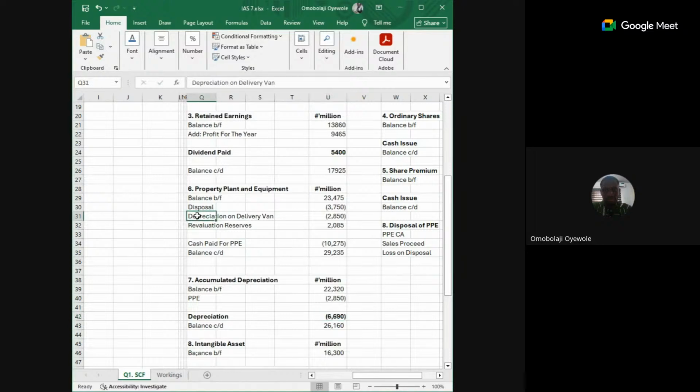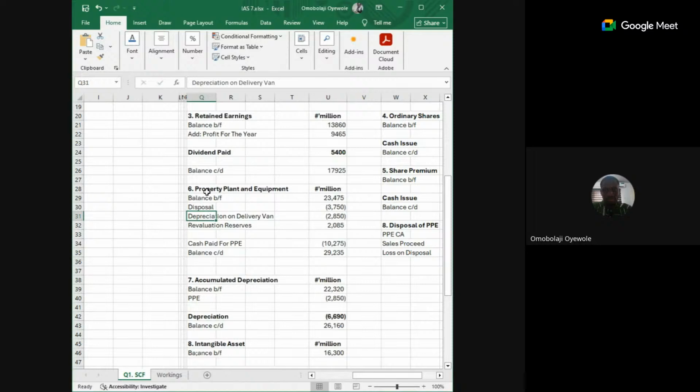What we recognized there was depreciation on delivery van. This depreciation on delivery van is supposed to be an adjustment that we are going to make in the accumulated depreciation account. Because this is PPE, we don't know how many non-current assets make up that PPE.